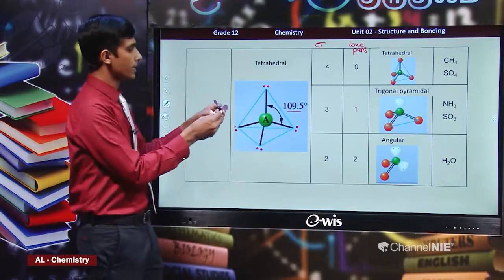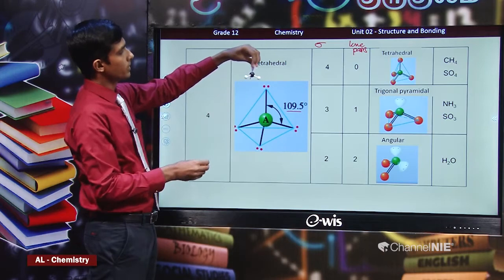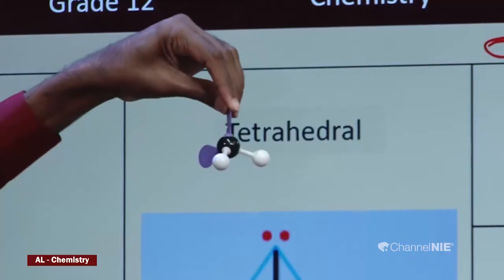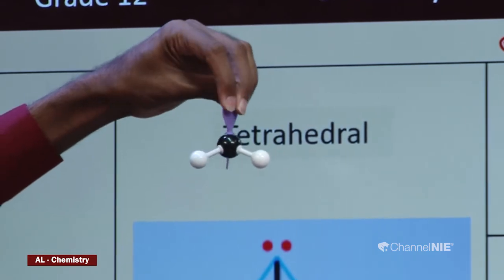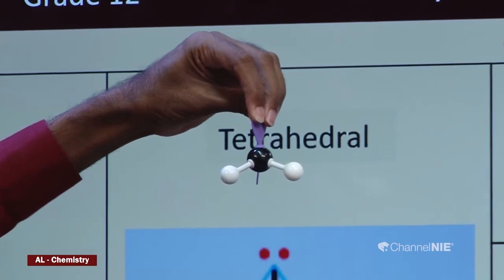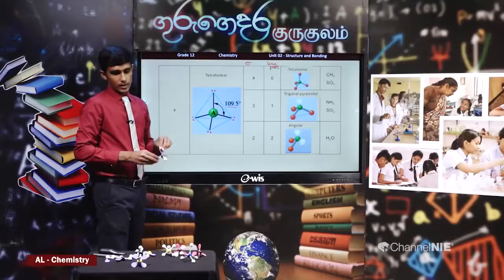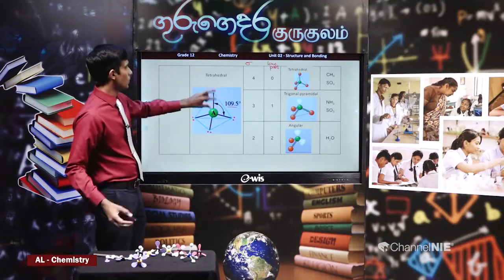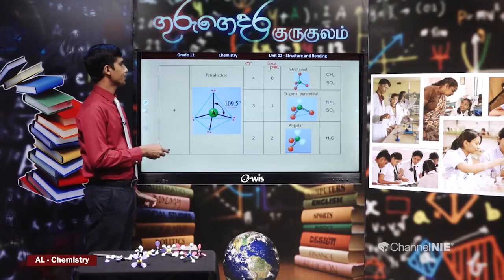The basic electron pair geometry is tetrahedral, but with two lone pairs and two sigma bond pairs, the shape between the atoms is angular. So you can see that there are two shapes derived from the tetrahedral geometry.